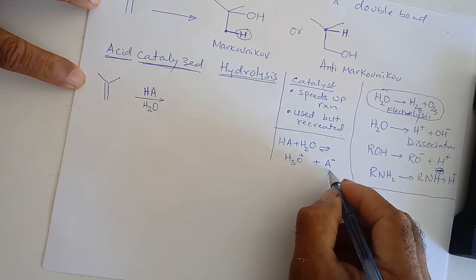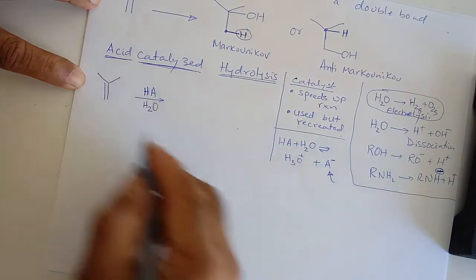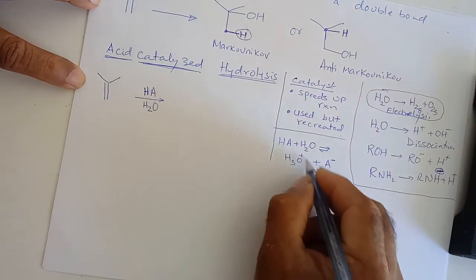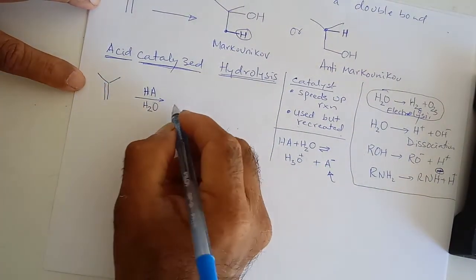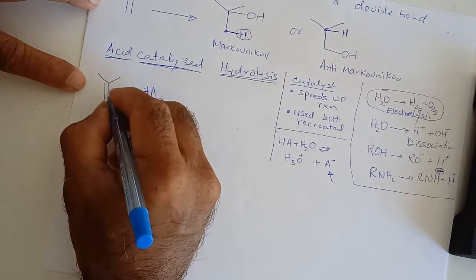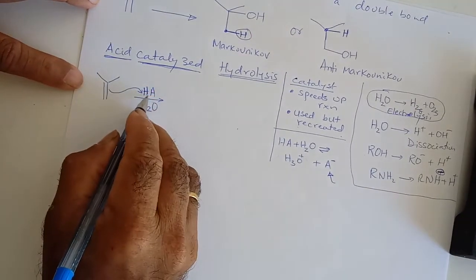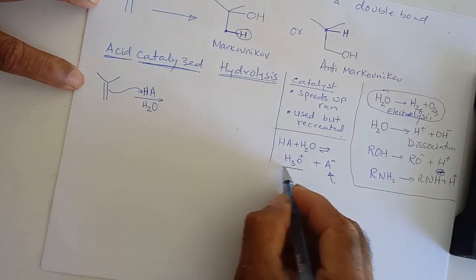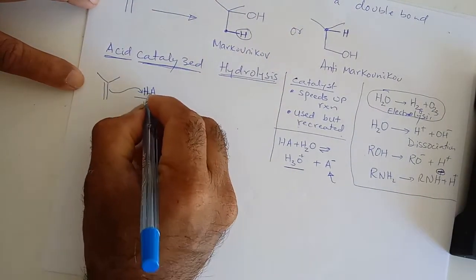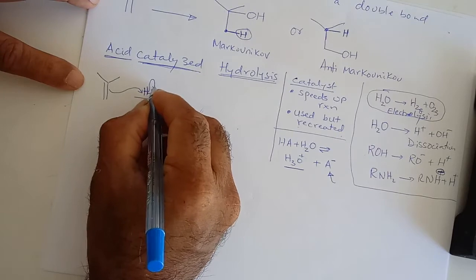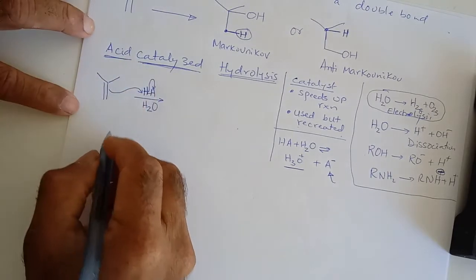Now we are not interested in A minus anywhere here. We want the H plus coming from H2O. So how do you do this? We have done this before. In water, it's not staying as HA, it is staying as H3O plus. So even if we write it like this, it is not a realistic picture.